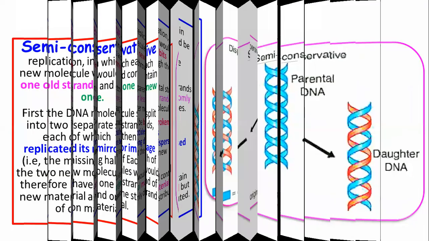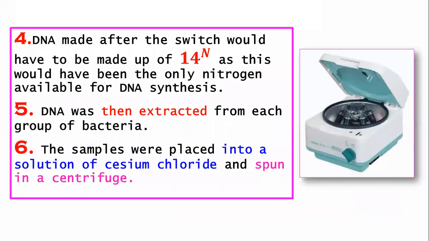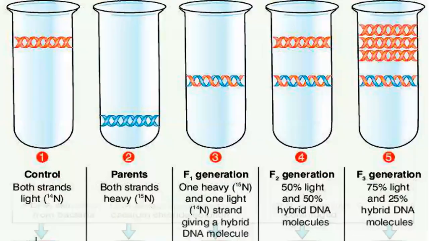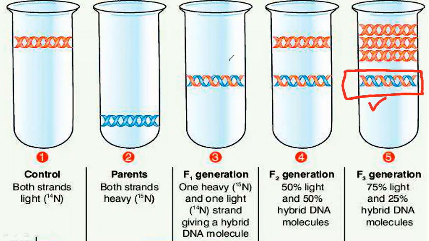But after this experiment, we concluded, using isotopes of nitrogen and cesium chloride solution, that DNA replication is semi-conservative, that is, it conserves the previous old DNA strand as well.